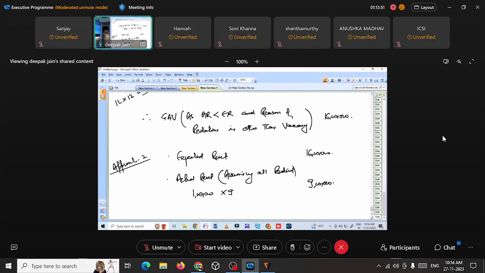Actual rent is less than expected rent and reason of reduction is other than vacancy.